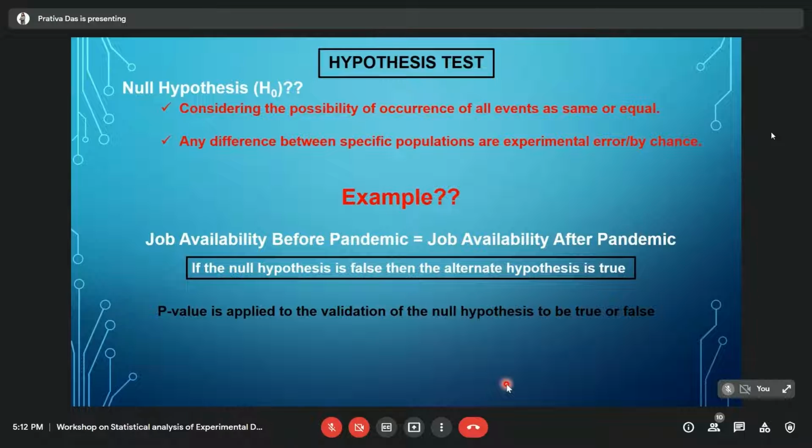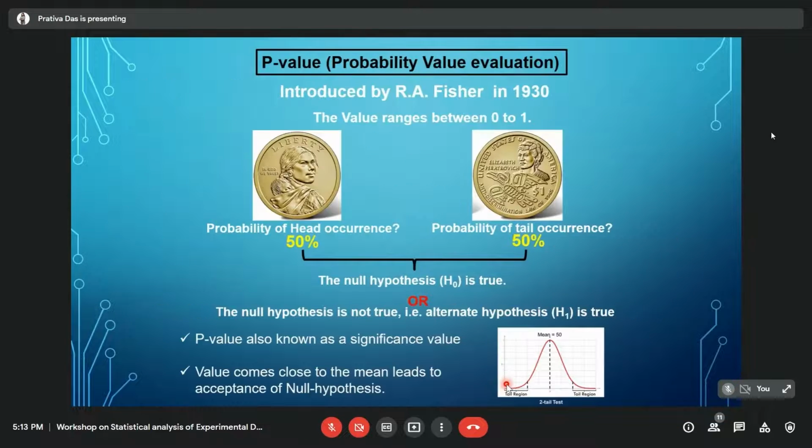And if this is not true, that is, if the job availability is higher or lower before and after the pandemic, then we can say that the null hypothesis is rejected. It is not true. How are we going to say that? We need to calculate the p-value. The p-value is a tool by which we can validate the null hypothesis and say whether it is true or false.